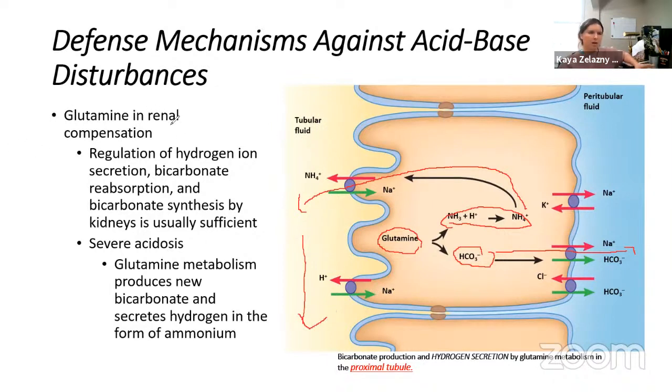So glutamine really comes into play kind of as a last defense. So this happens during really severe acidosis. So when we're really at the low end of our survivable pH. So we would also consider this a new bicarbonate ion here.